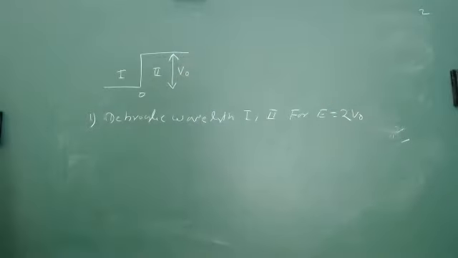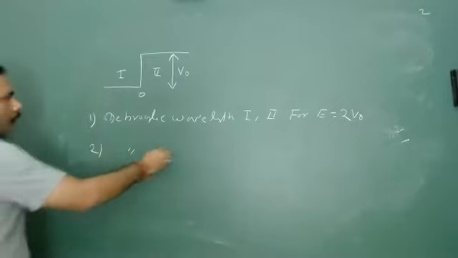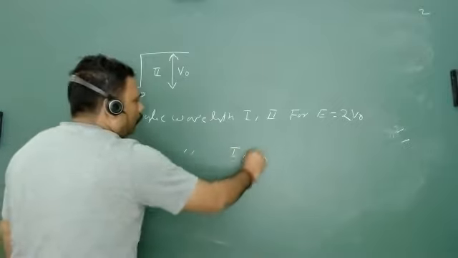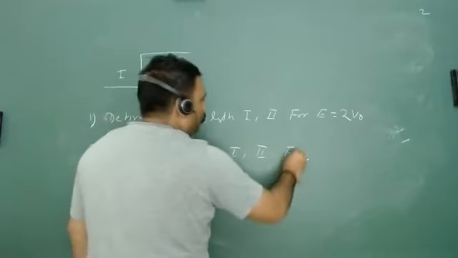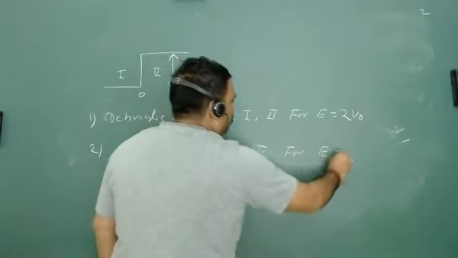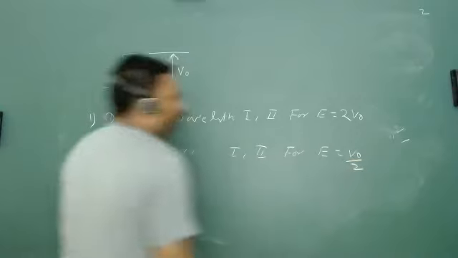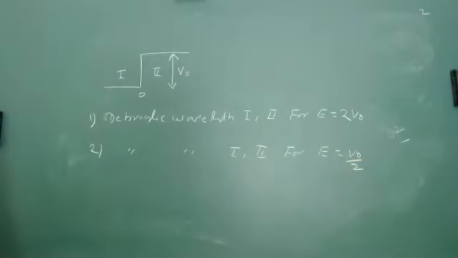First time I am taking energy 2V0, and second time de Broglie wavelength in region 1 and region 2 for energy equal to V0 by 2.